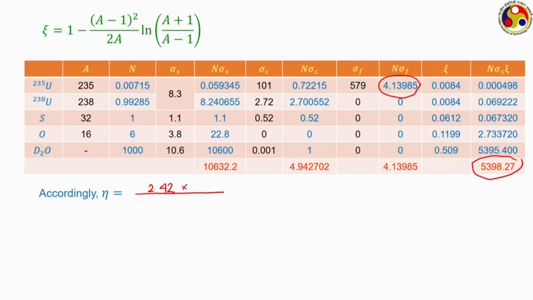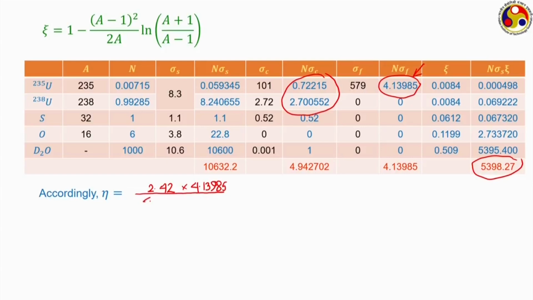In the denominator, what we have? It should be the macroscopic absorption cross section for the fuel. Now, fuel refers to uranium 235 and 238 together. So, in the denominator we shall be having the total non-fission capture cross section for these 2 elements, that is this plus this particular one, the absorption cross section. So, once we put all this back, in the numerator we are going to have 4.13985.